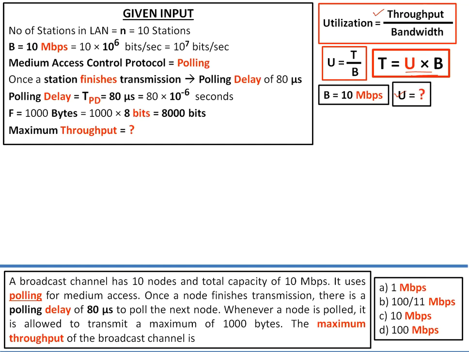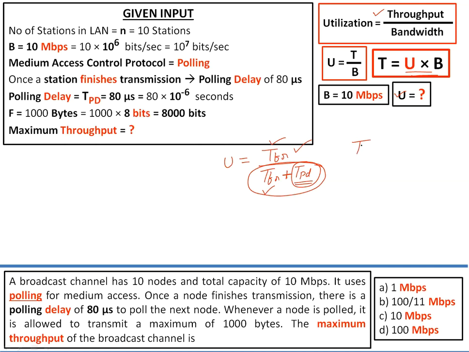What is utilization? Guys, if you observe here, one station uses the channel for TFR seconds, divided by TFR plus how much time it is sitting idle, that is TPD, the polling delay. That means after sending every frame, you have a delay to accept. It is the total time you are taking to transmit one frame.